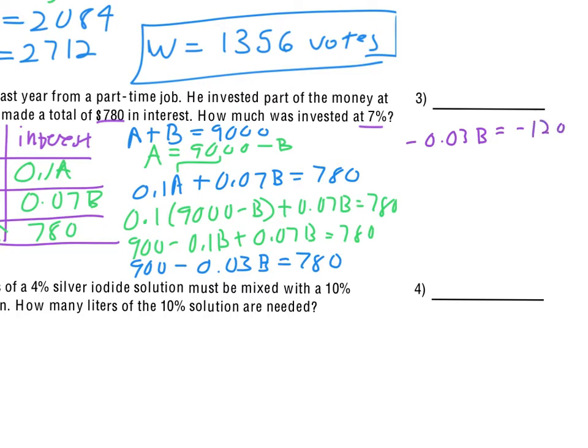So it works out just fine, because when we divide the negative by a negative, we end up with 4,000 for B. And again, it was a total of 9,000, so the other one would have to be $5,000. But we found the one that we wanted, because we were looking for the 7% investment. So $4,000 was invested at the 7%.